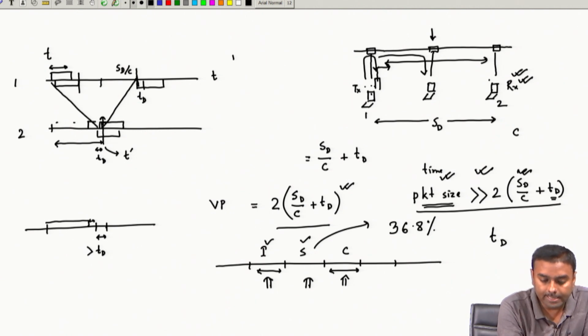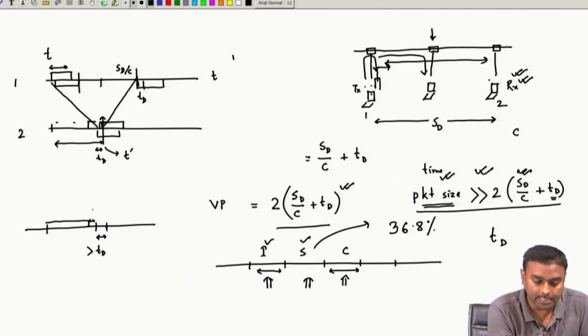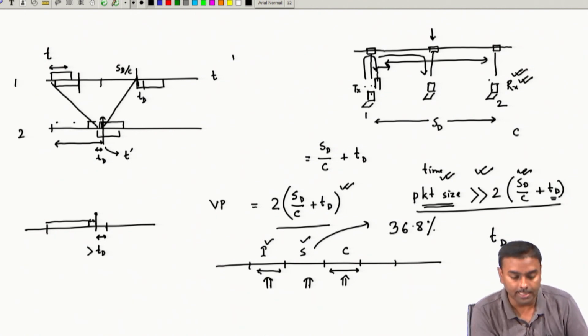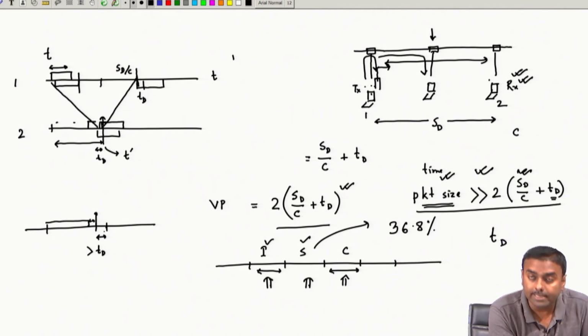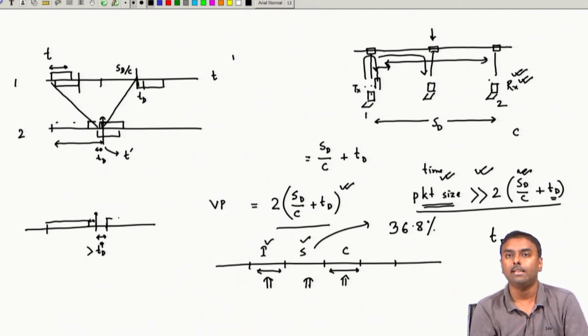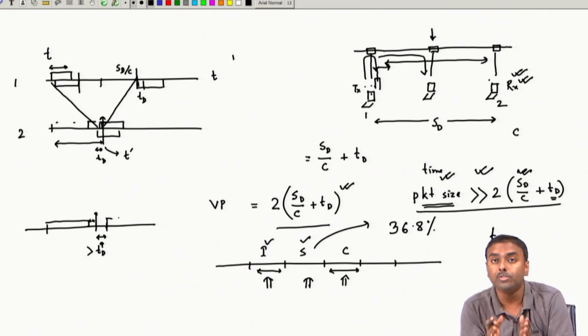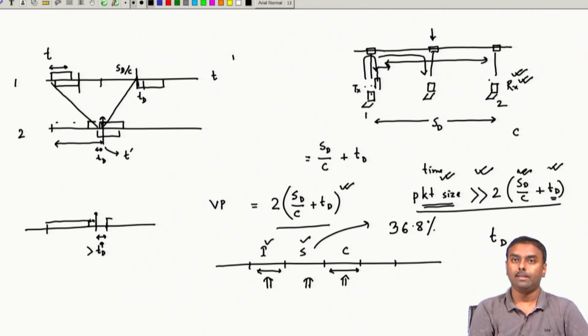If I do that, then the next node will also be able to detect. If nobody transmits at that point after detecting, that means the channel is idle. It will remain idle for just TD amount of time, and then another node can detect, and if he has something to transmit, he will be able to capture the channel. So, the idle time eventually becomes much smaller, and this condition also provides that.